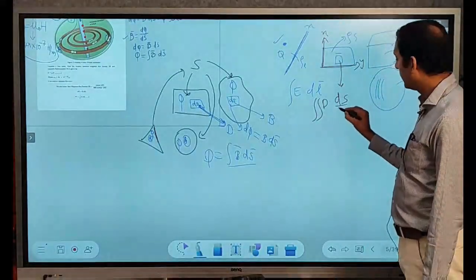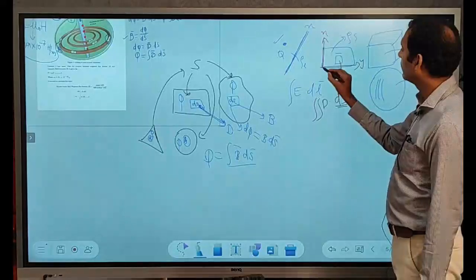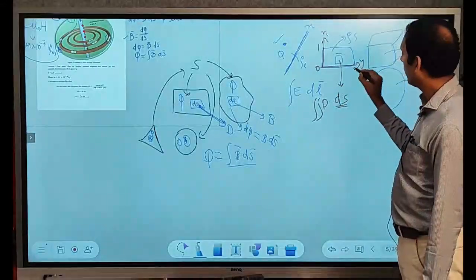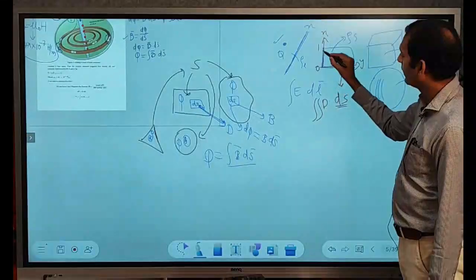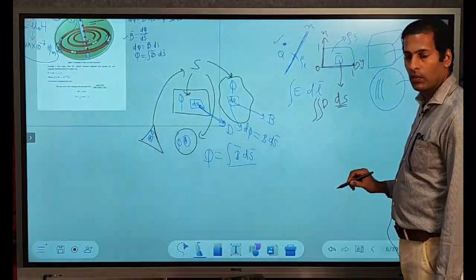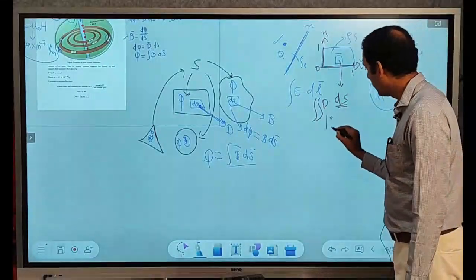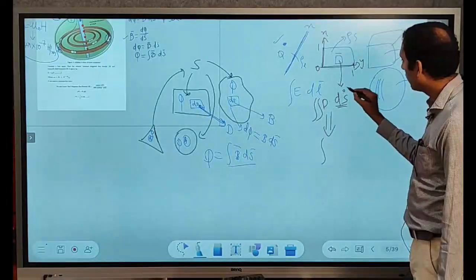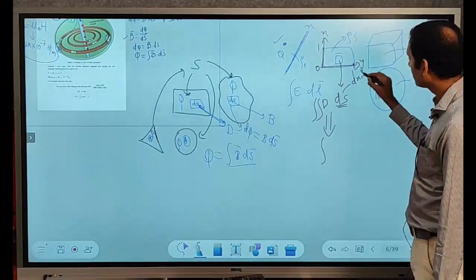This dS will have some value. Suppose this is 0 and this is 1 and this point is also 1. That means it is going 1 meter on the x axis and 1 meter on the y axis. So how do we write this same expression? Double integration means this dS will be the product dx dy.